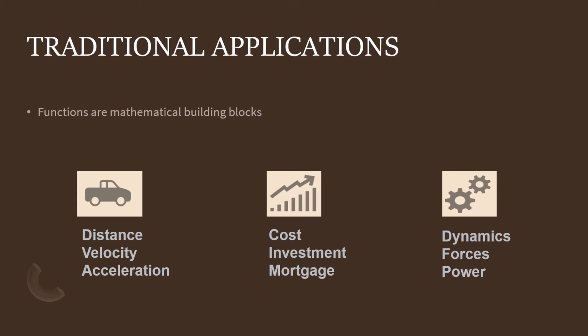We can also see the dynamics of forces or power of a mechanism, but we also see, in finance, continuous functions of cost, investment, and mortgage. However, discrete mathematics is often concerned with functions that map between other kinds of sets, such as binary strings or a set of tasks. That's why I'm going to show one application of functions on this type of sets, that is cryptography.